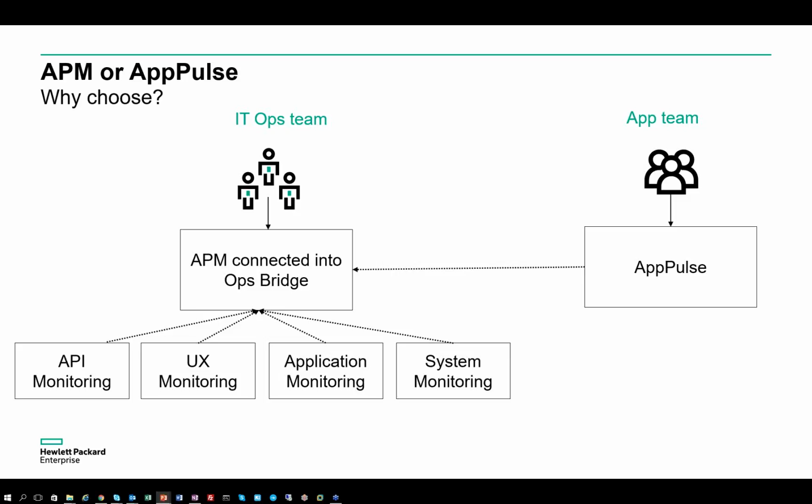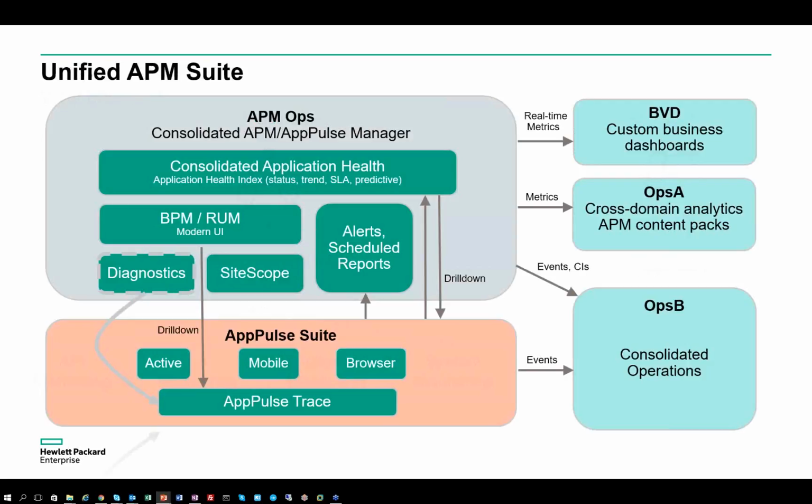If we look at it from the perspective of this unified suite, this is really what it looks like. You have the APM operations, the APM solution at the top here with the various monitors: diagnostics, BPM, RUM, and SiteScope.